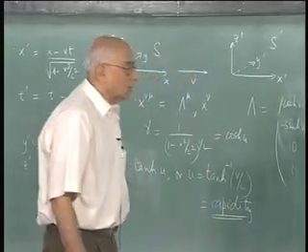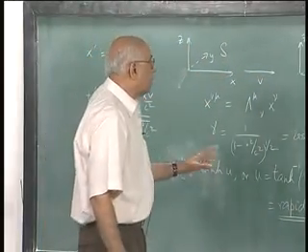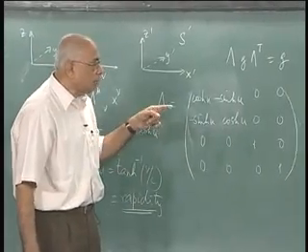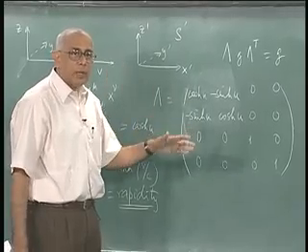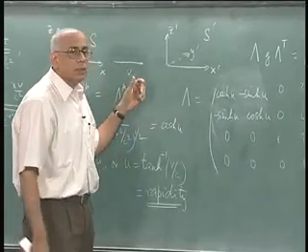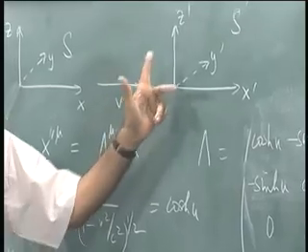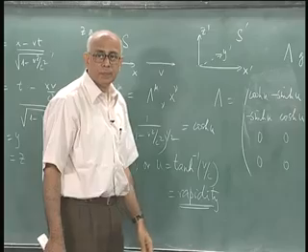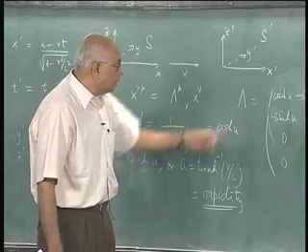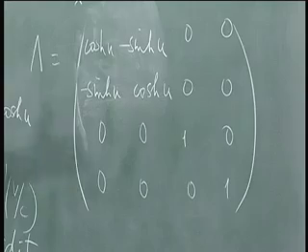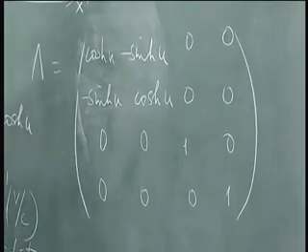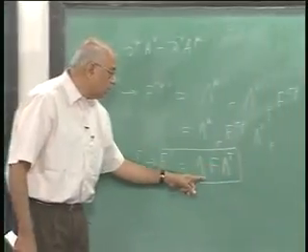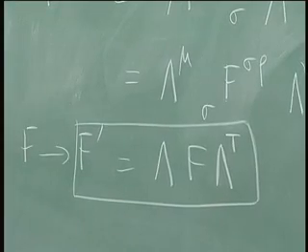I am going to leave that as an exercise for you, namely in the case when you have a frame S prime which is moving with respect to S along the x direction with the axes oriented parallel to the original one with a speed v. So you need this lambda, and of course it happens to be equal to its own transpose. Then you put that in here and compute this and you find what f prime is.